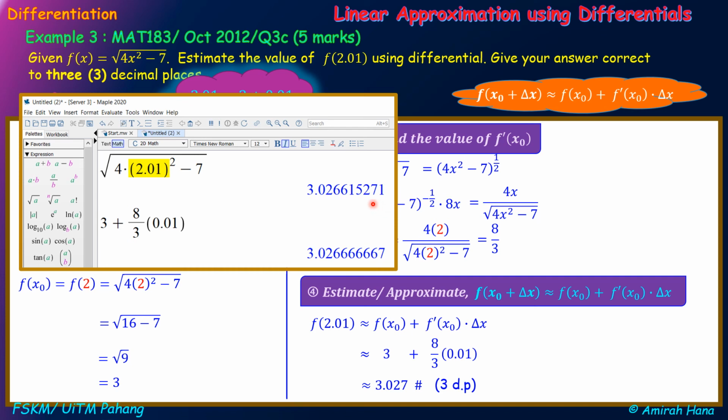With linear approximation, we have 3 plus 8 over 3 times 0.01, and the final answer is 3.0266 something. When we write it to 3 decimal places, it equals 3.027. So they are equivalent, which means we chose the correct x naught, and that is why we get an accurate answer.